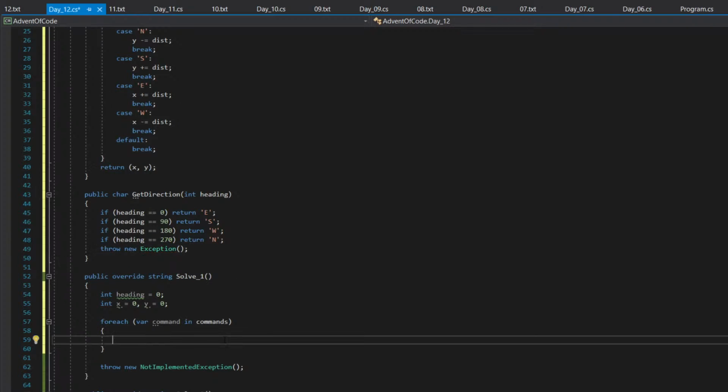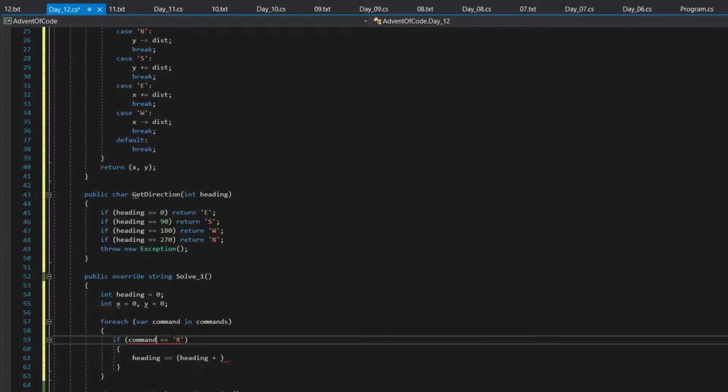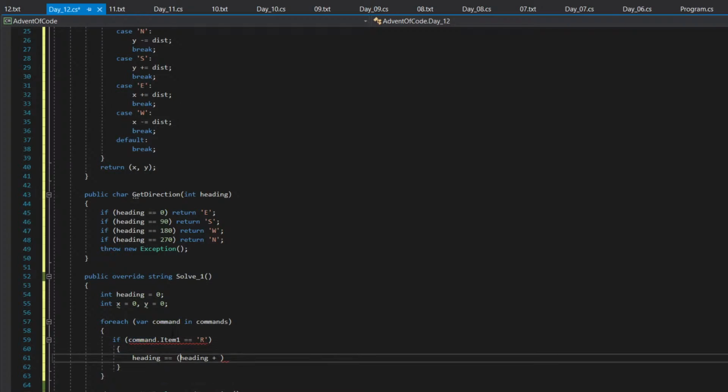Okay. All right. So if command equals R, we're going to say our heading equals heading plus command.item 2, and modulus 360.